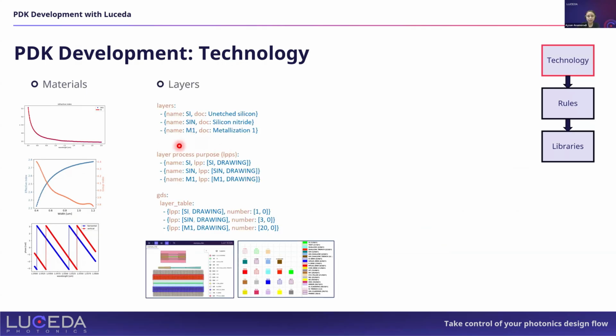Then you can define layers in the Luceda platform as easily as these lines. If you want, you can give them a purpose and also assign a GDS number to each layer. Then you can visualize them in the Luceda visualizer and export them to GDS.